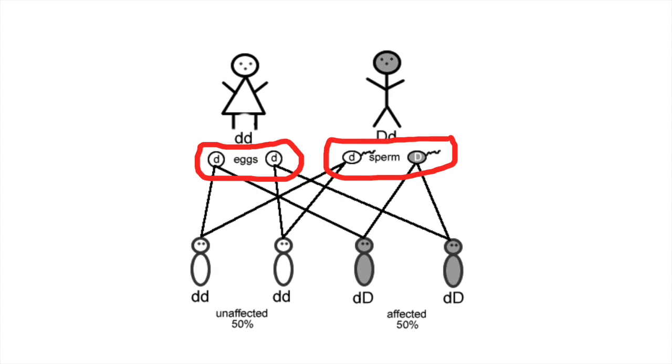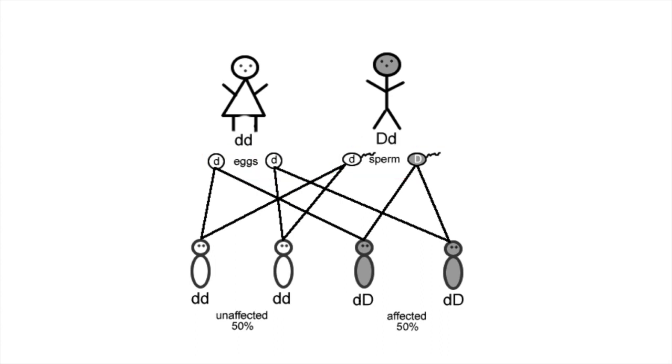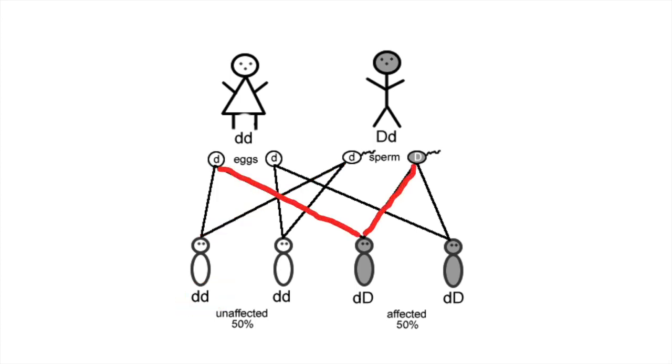We don't know which sperm will be used to fertilize which egg, which gives us a variety of possible outcomes. If mom and dad both pass on recessive alleles, the child will show the lighter recessive phenotype. But if dad were to pass on the dominant allele, then the child will show the dominant phenotype. Even though mom gave the recessive, the dominant allele will always express itself.